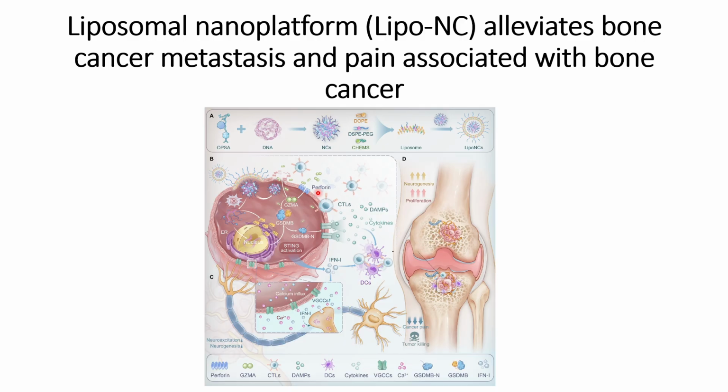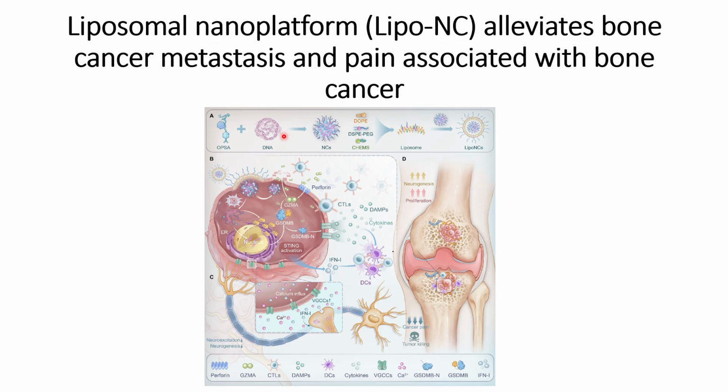By developing these tools, that is the liposomal nanoplatform, they can enhance the lifestyle of patients affected with bone cancer through these lipo nanoparticles. We will discuss in our subsequent videos how they checked their hypothesis about the effect of these liposomal nanoparticles on bone cancer.